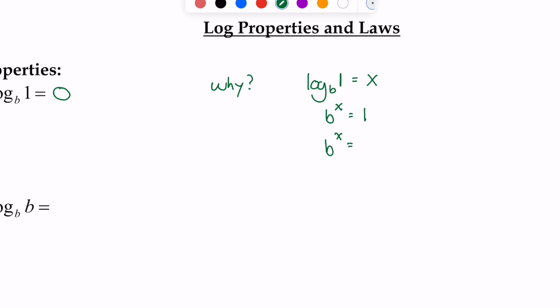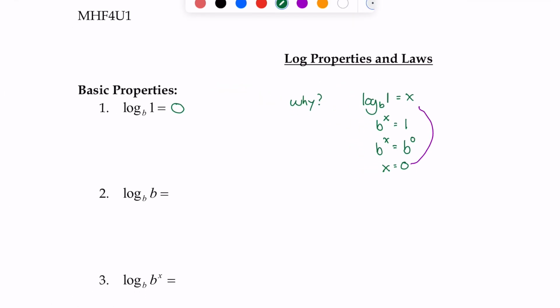That's the same thing as me saying b to the 0. You can see that because I now have the same bases, I can equate my exponents, and I get x equals 0. So that means when you take the log of 1, you're going to get 0. You always get 0. So log of 1 will always result in 0.